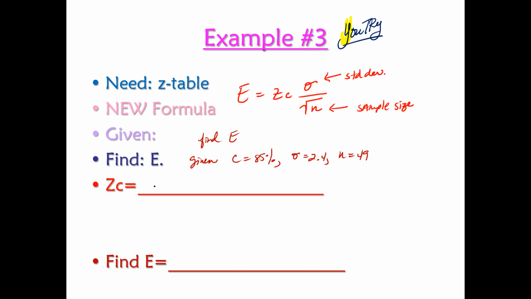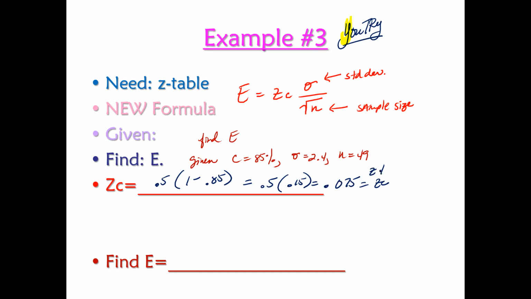All right, let's go ahead and go over this one together then. So ZC is 0.5 times 1 minus C, which is 0.85, which is 0.5 times 0.15. And if you go ahead and multiply that together, 0.5 times 0.15 is going to give you a 0.075, and that is your ZC score.